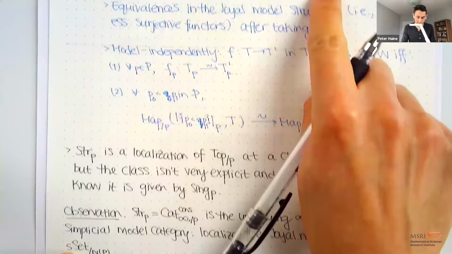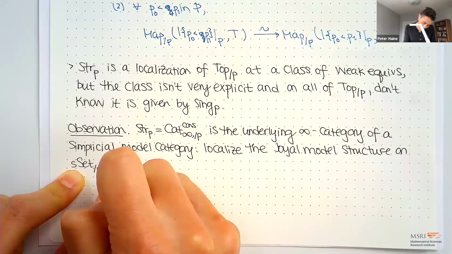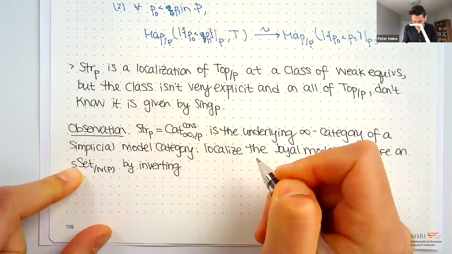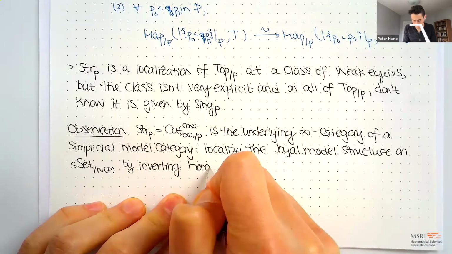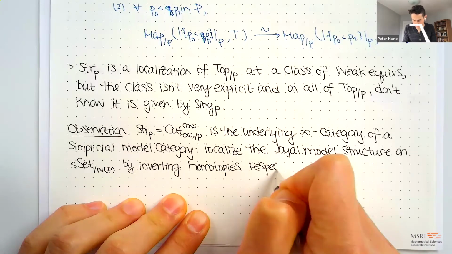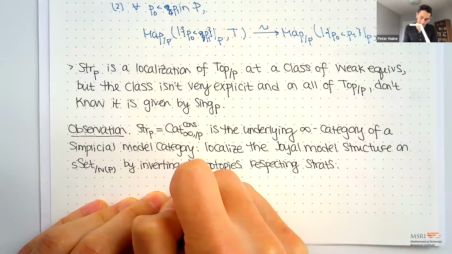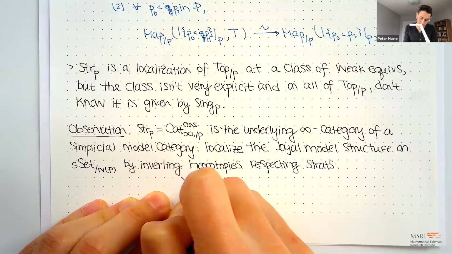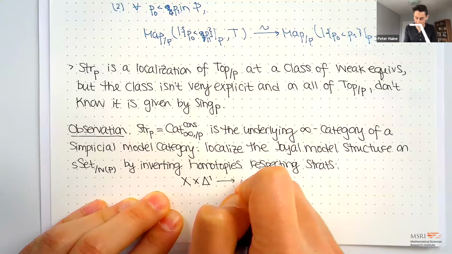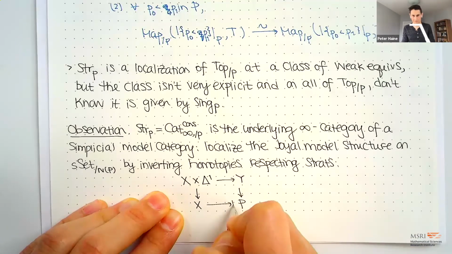Then you localize this by inverting homotopies respecting stratifications. So you invert things that look like X cross delta 1 to Y, where this is stratified by projecting and then doing some map of simplicial sets over the nerve of the poset.